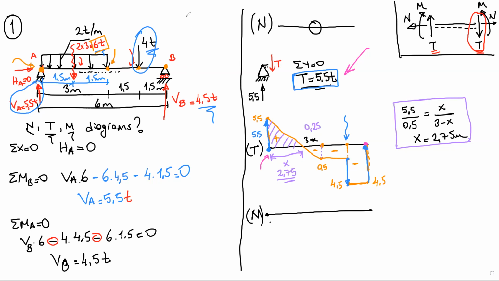So in this shear force diagram, it has a 0 value at this point. That means at this point, moment will be maximum. If I ask you to calculate the maximum moment, you will look for that moment at the 0 shear force point. Okay.